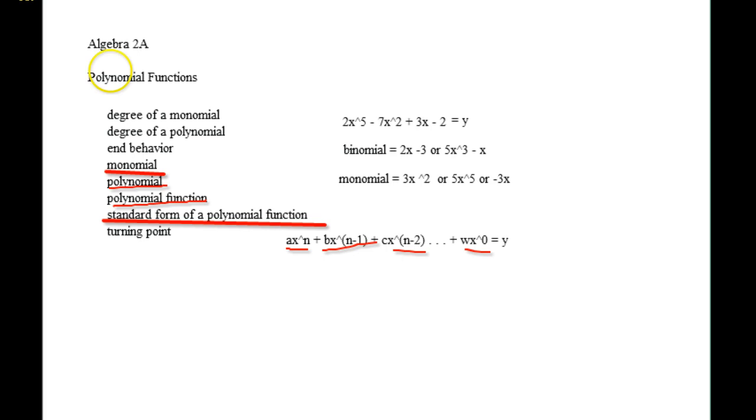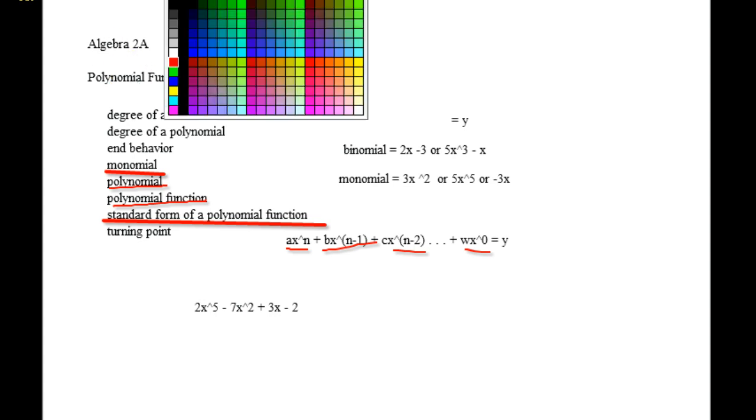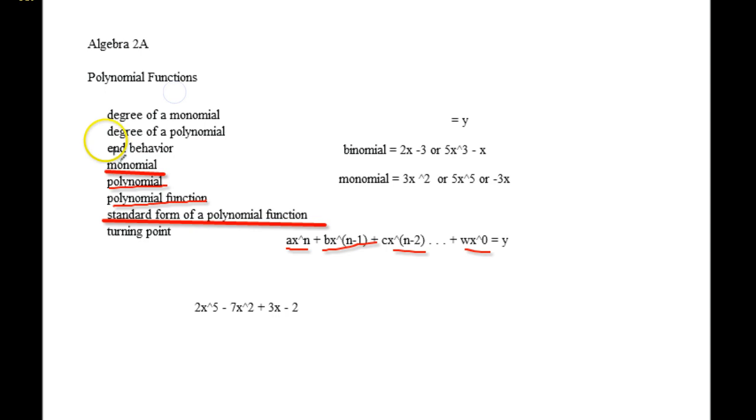All right, now the degree of a polynomial. Let's take this one right here. The degree of a monomial and the degree of a polynomial are the same idea. The degree is the highest exponent in the expression.